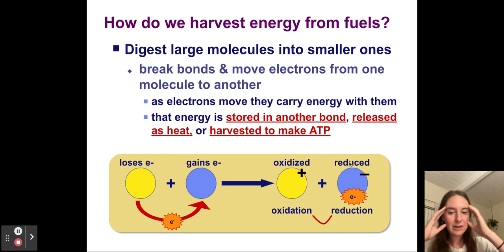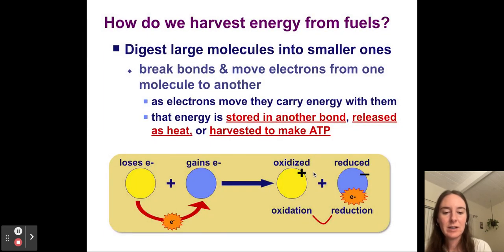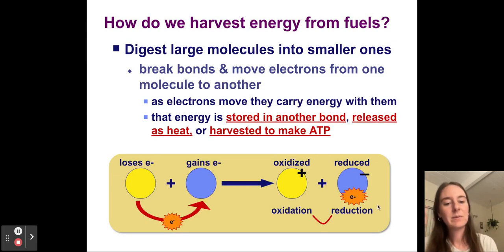Now, it seems counterintuitive, right? It's gaining something, but it's reducing. So think about reducing as becoming more negative. Okay, so when we're reducing, we're becoming more negative, we are gaining electrons. Okay, all right, now oxidation is what happens when you become oxidized. Your reduction comes together when you are reduced, right?